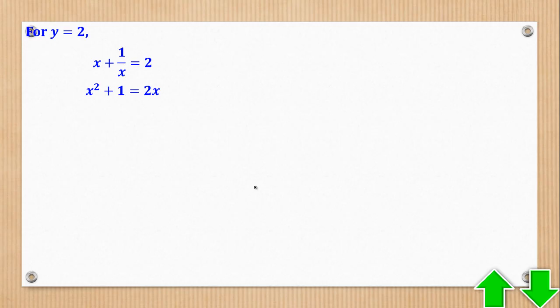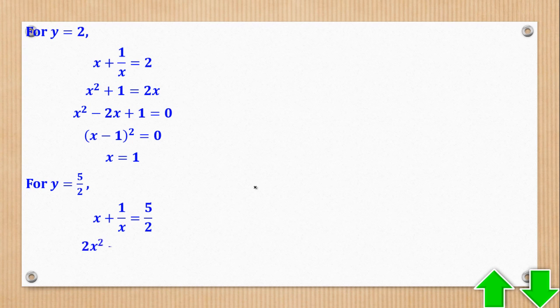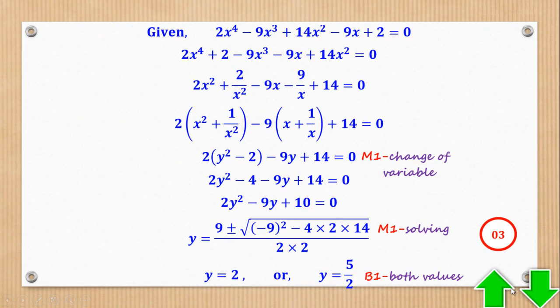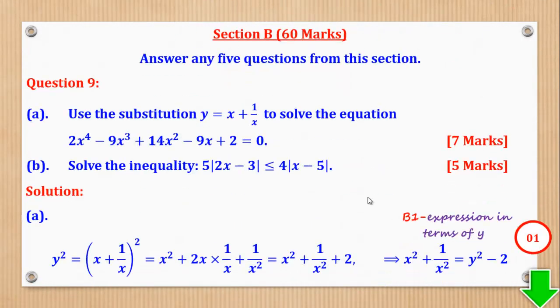So multiply throughout by x to get the quadratic equation, which can give you the value of x. Then you also substitute, multiply throughout by x, by 2x to get that. So solve the quadratic equation to get the 2 values of x. And that's what they wanted. So that is how they solve symmetric equations.